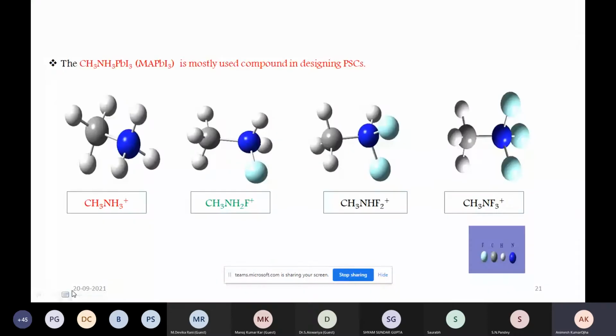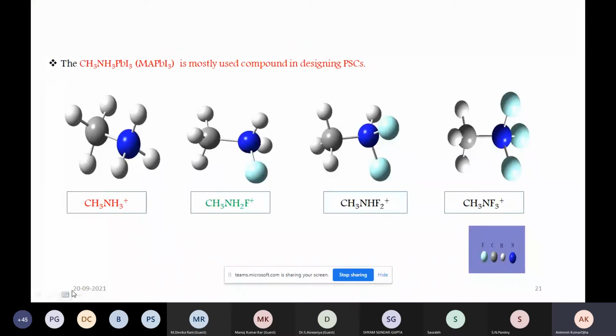Okay, so while designing this, this is the original CH3NH3+, and then here I have removed one H and put fluorine, because I wanted to make it more polarizable. So the dipole moment is more in the second case, and the dipole moment further increases in the last case.